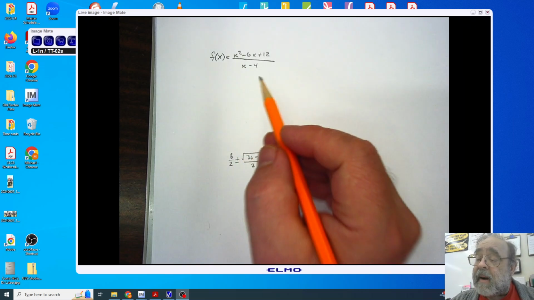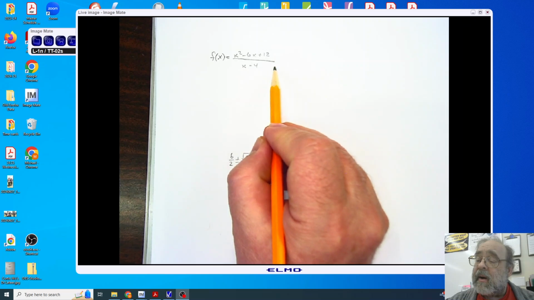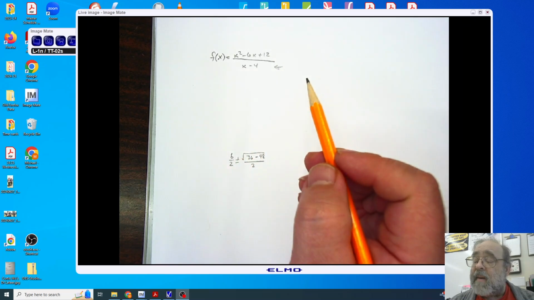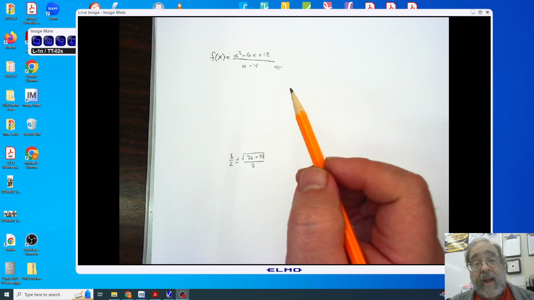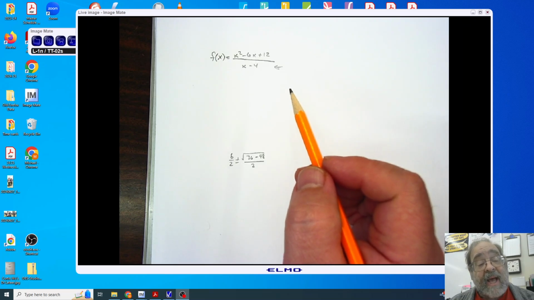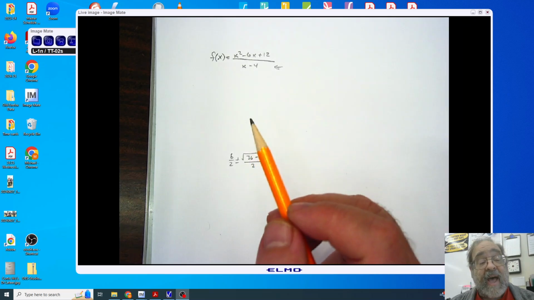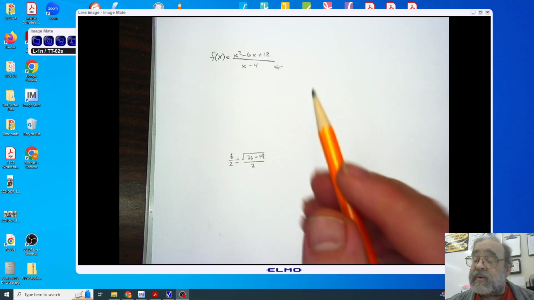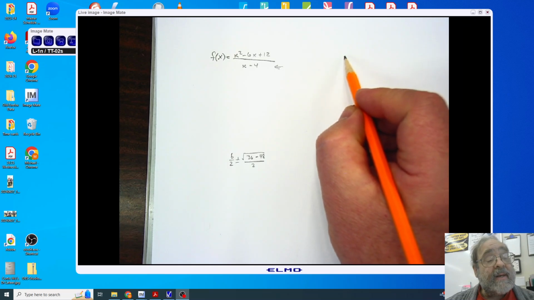The second step that I'm going to look at is the denominator, and I'm going to identify that the denominator has an x minus 4 in it. That means that there is an asymptote on the graph of this f of x at x equals 4. And I'm going to want to list that down.